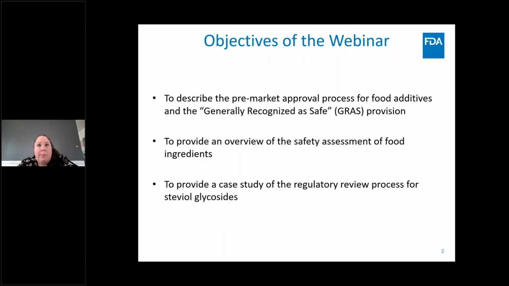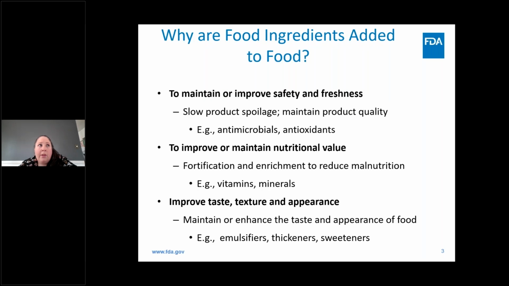The objectives of today's webinar are to describe two of the main regulatory pathways for food additives in the United States, which include our pre-market approval process for food additives, known as a food additive petition, as well as the generally recognized as safe or GRAS provision. Then I'll move on to cover an overview of the safety assessment that we use for food ingredients. And finally, I'll provide a case study of the GRAS evaluation for the sweetener Steviol glycosides.